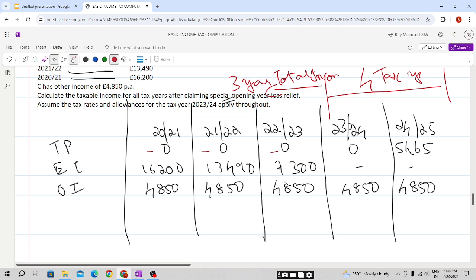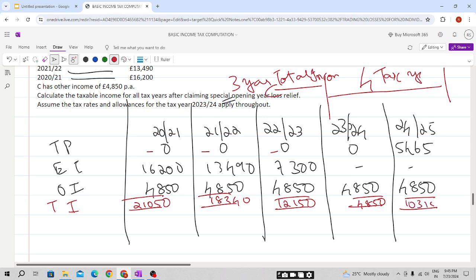Now students, coming to the total income here. Our total income will be 21,050, 18,340, 12,150. Here it will be 4,850. Here it will be 10,350. Now students, less loss relief.